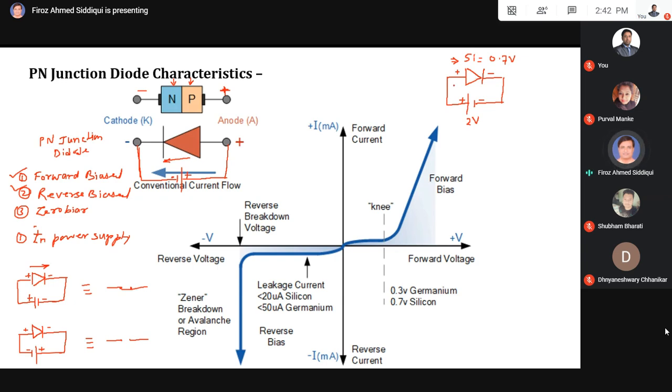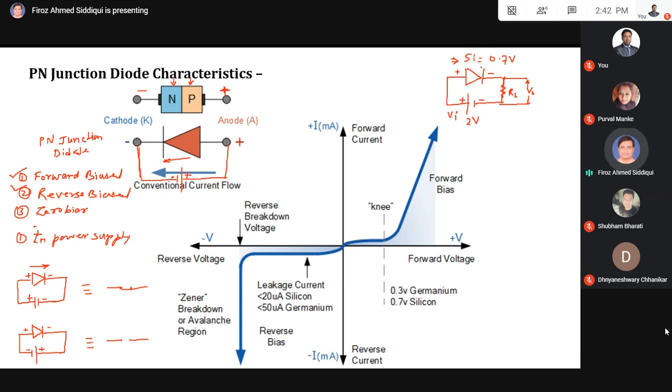So if you see, if I draw a resistor here, say there is a resistor RL, a load resistor for example, and I am taking the voltage across this load resistor, say V0, the output voltage. So this is the input voltage Vi and this is the output voltage which I am taking across the load resistor RL.